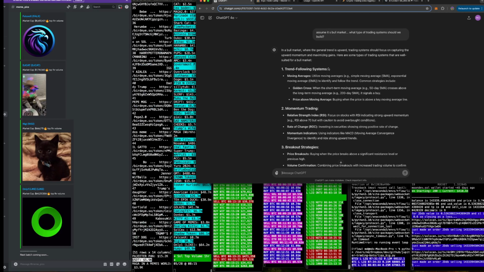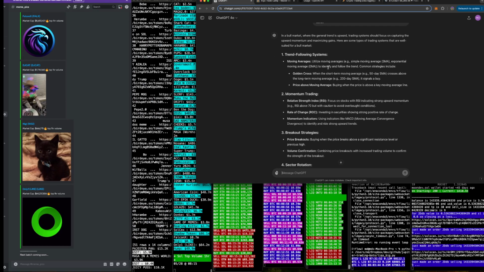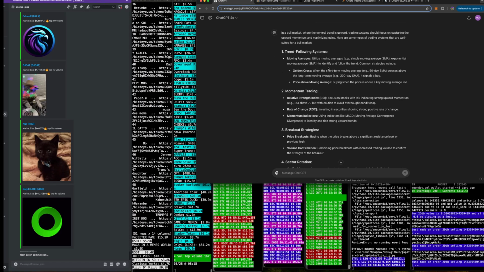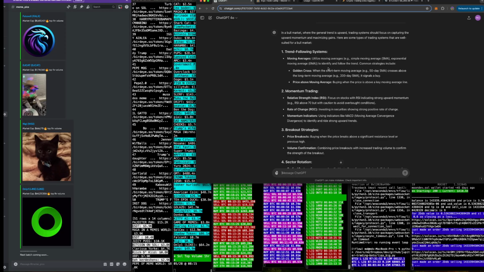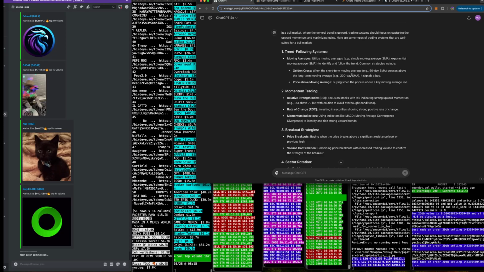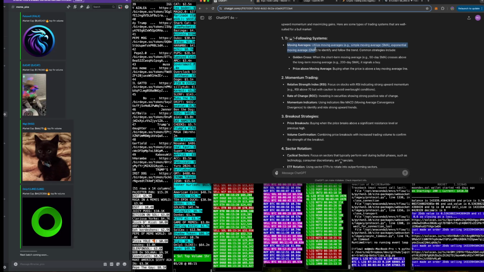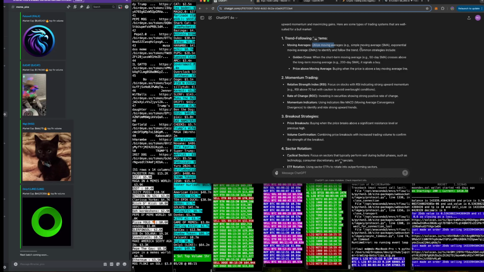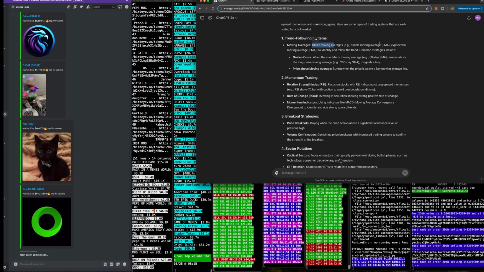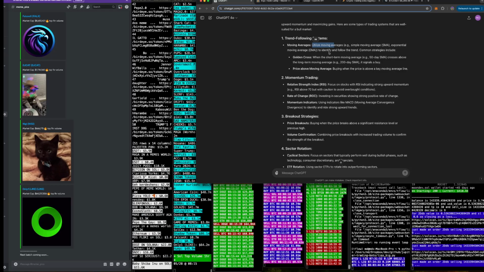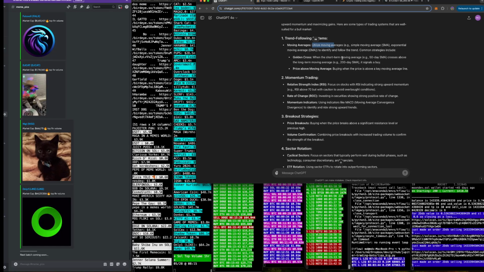In a bull market where the general trend is upward, trading systems should focus on capturing upward momentum and maximizing gains. Here are some types of trading systems that are well suited for a bull market. Trend trading, trend following systems, moving averages, utilize moving averages such as the simple moving average, exponential moving average to identify the trend.